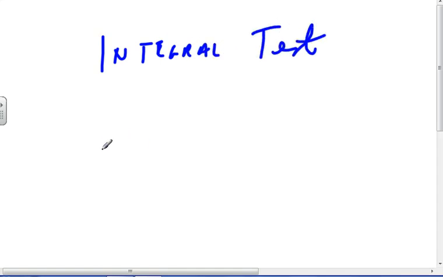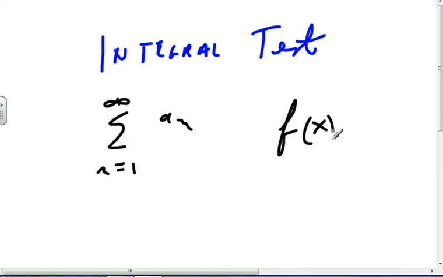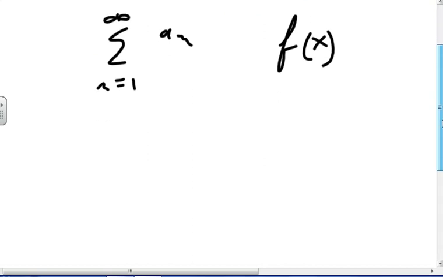The next test I have is the integral test. If I have some series, n equals 1 to infinity of a_n, and this series can be expressed as a continuous function f of x, which it might be able to, such that f of n is a_n.